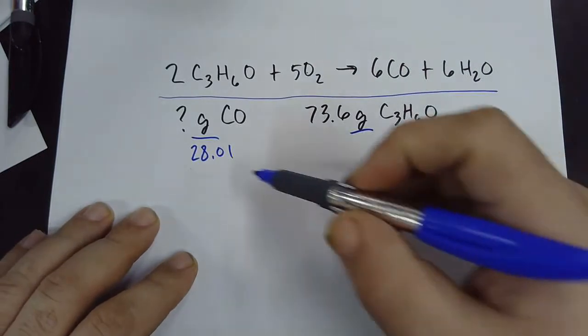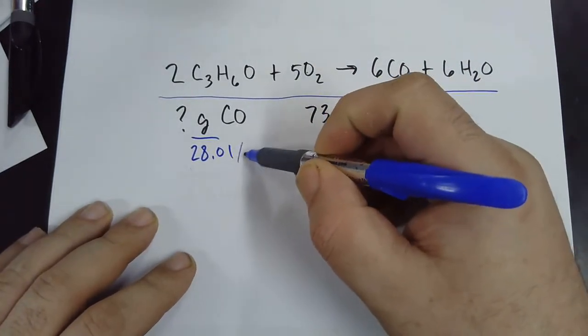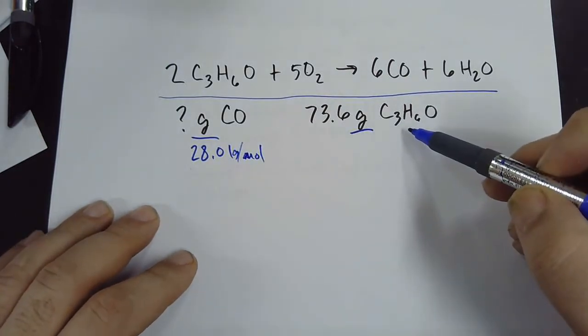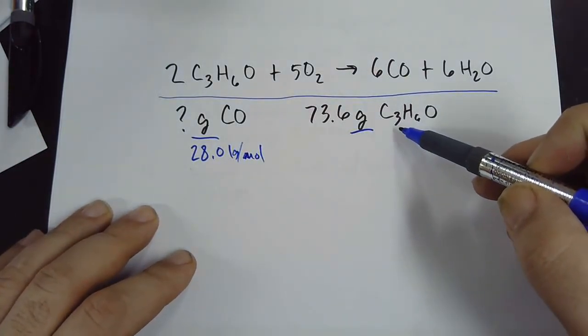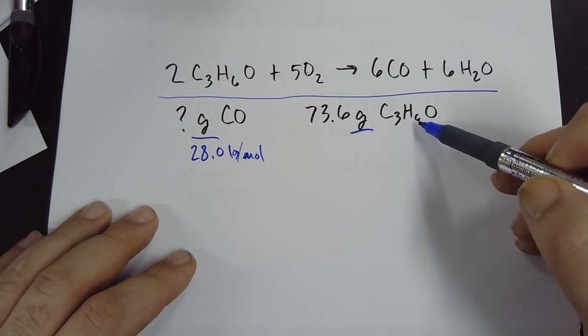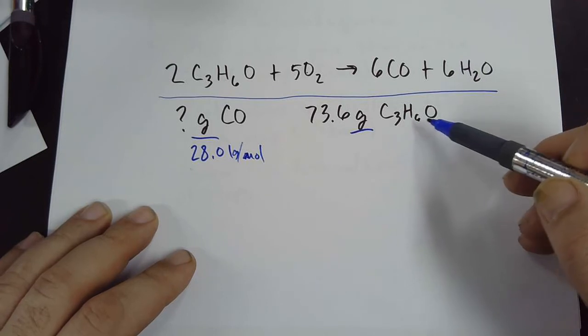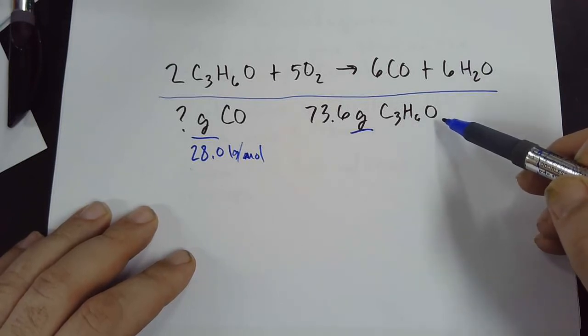Okay? So this is 28.01 grams per mole. What about this one over here? 3 times 12.01 is going to be 36.03 plus 6.06. So we're at what? 42.09 plus 16.